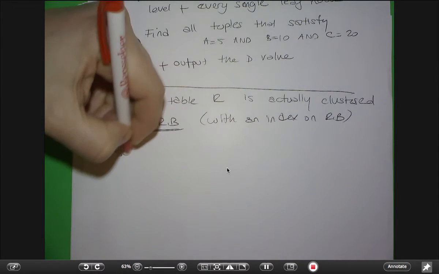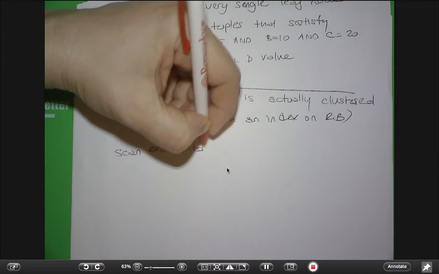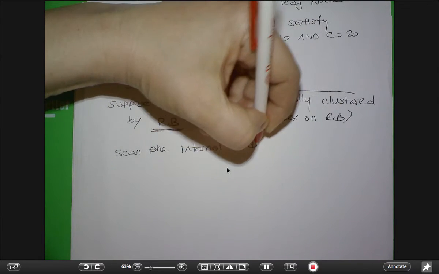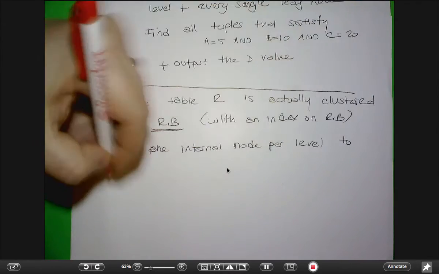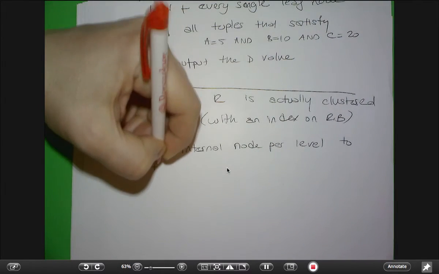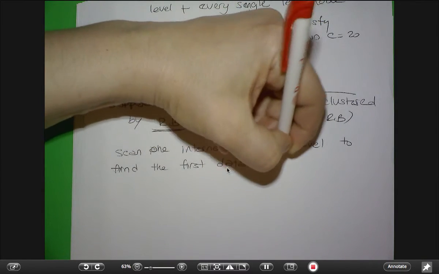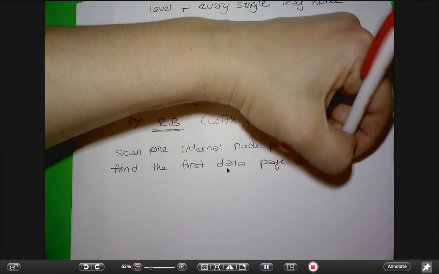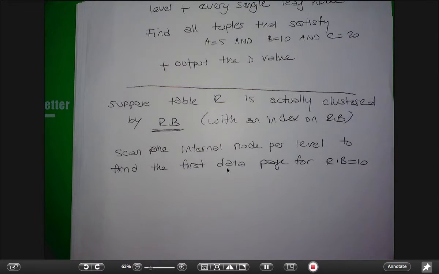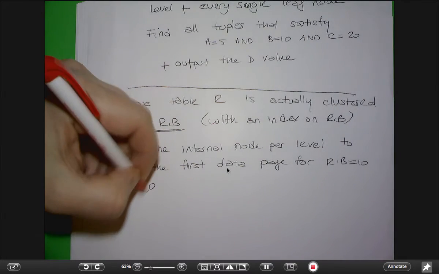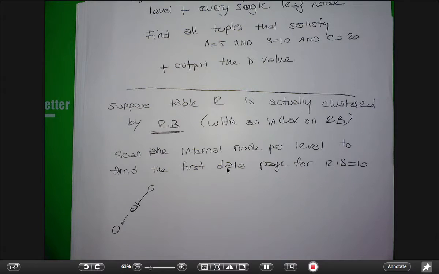First I scan one internal node per level to find the first data page for R.B equals 10. So I scan the index, and it gets me to an actual data page.